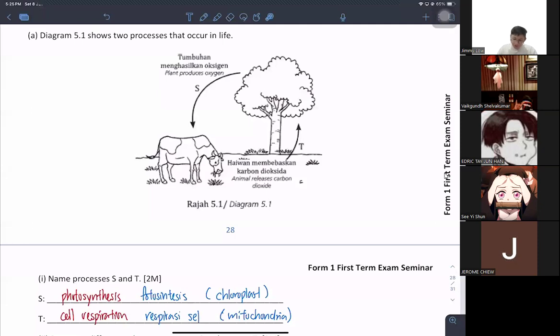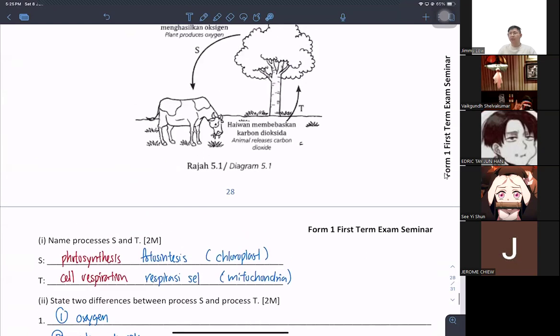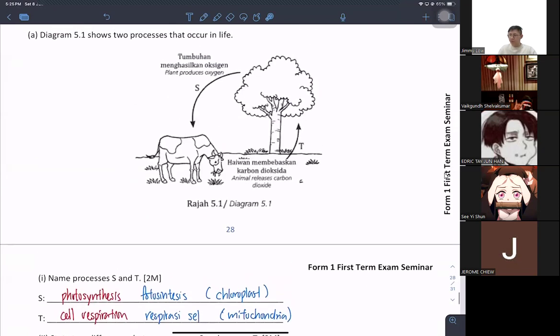Another point you can write here is photosynthesis is making food, but cell respiration is making energy. So another one, photosynthesis itself.